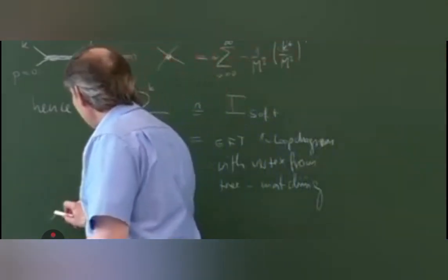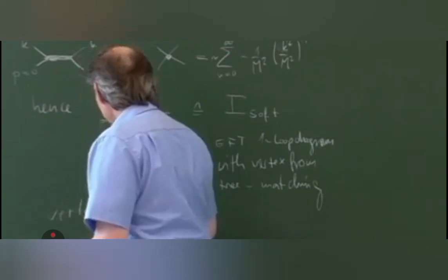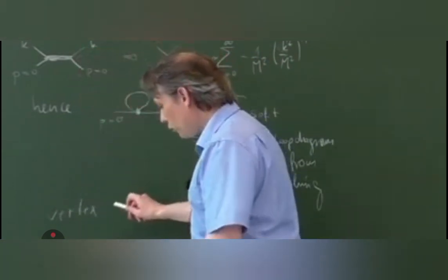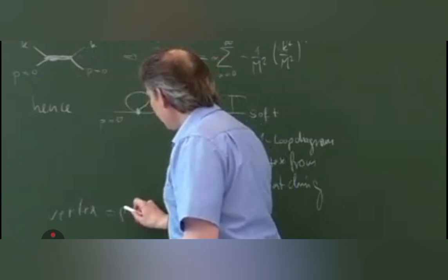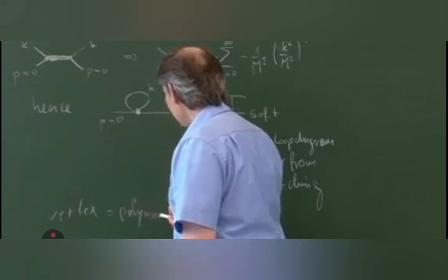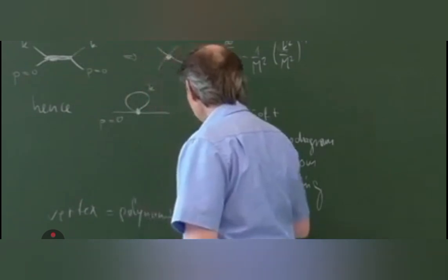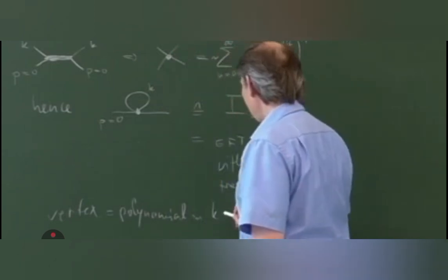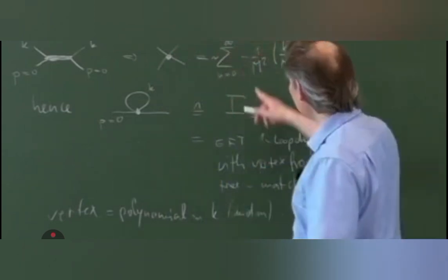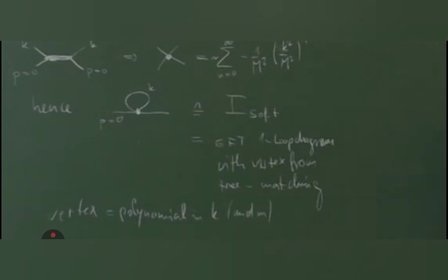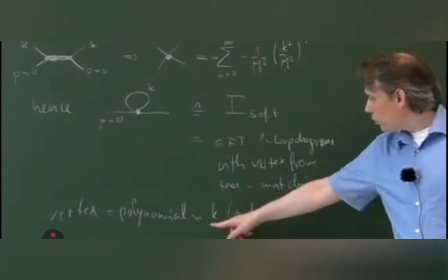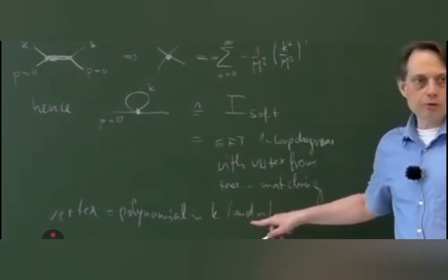And so you see here once again that the vertex here, the tree-level vertex, is a polynomial in k, and it also would be a polynomial in the small mass. Here the vertex doesn't depend on the small mass, but in general it would have to be a polynomial in all the small quantities.